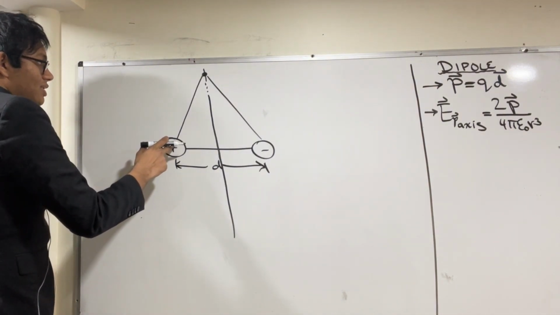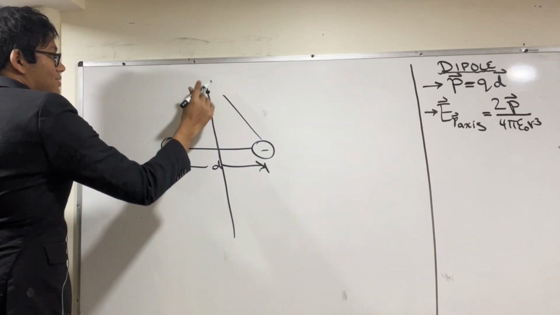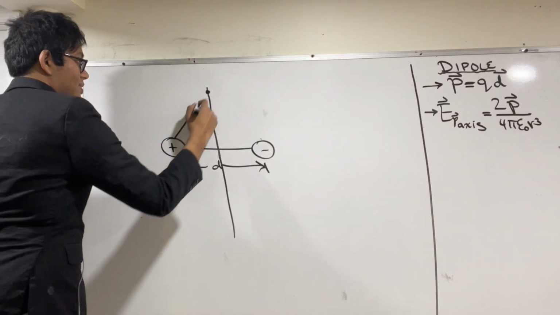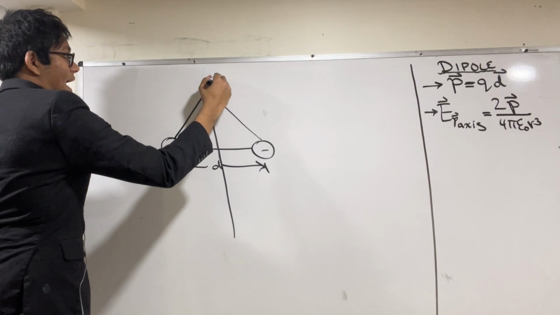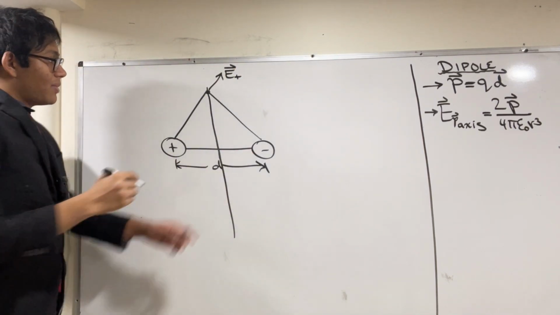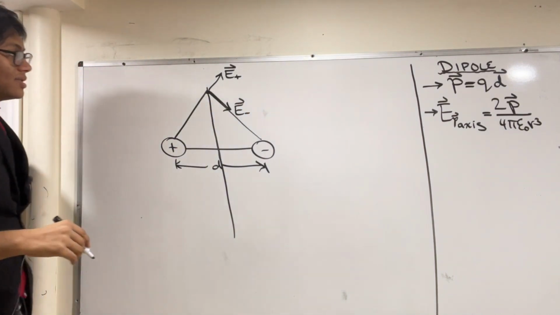For the plus charge, I gotta draw it a little lower, because I've got to draw the vectors, so I gotta leave myself some space. But for the plus charge, I'm going to have a vector that's going outwards. That's going to be the electric field line due to the plus charge. But the minus charge is going to be pulling this way. That's the electric field line due to the minus charge.